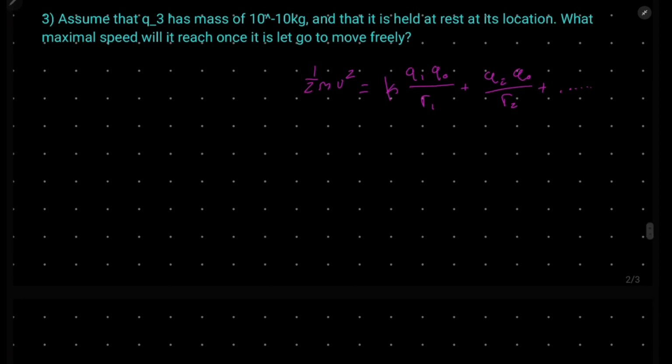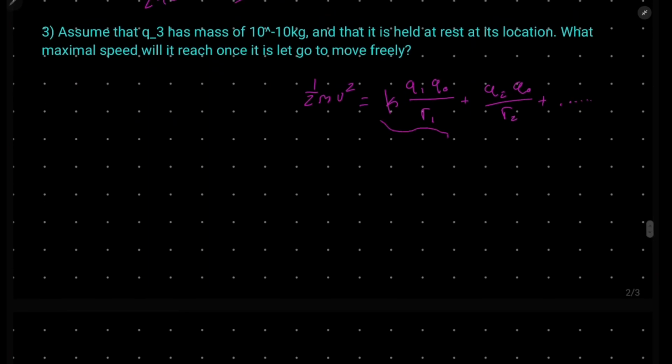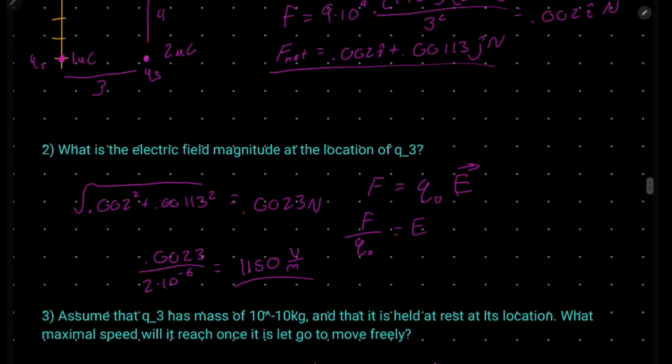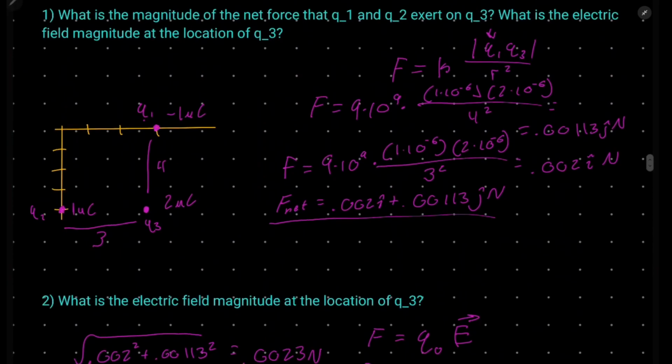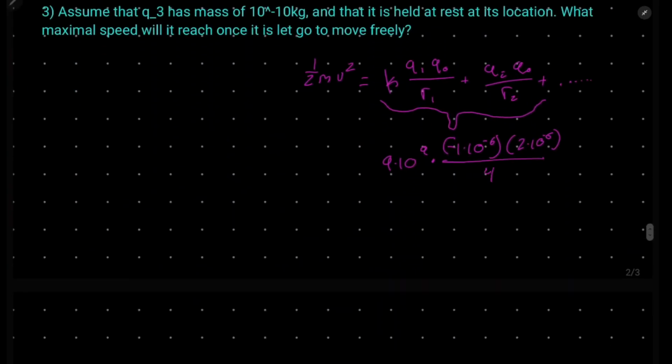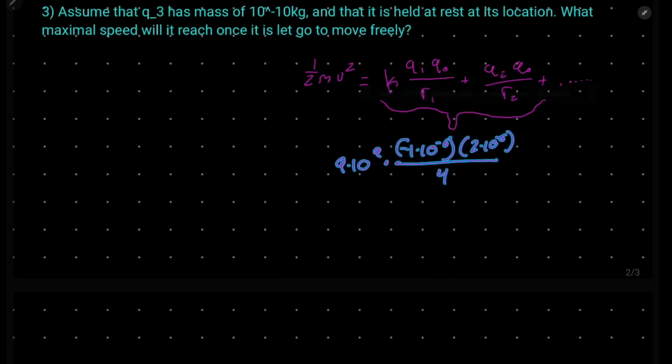Okay, so now let's plug everything in for this and get an answer. So what we'll have is 9 times 10 to the 9, times negative 1 times 10 to the negative 6, times 2 times 10 to the negative 6, all over a radius of 4. Okay, I'm going to move this over.